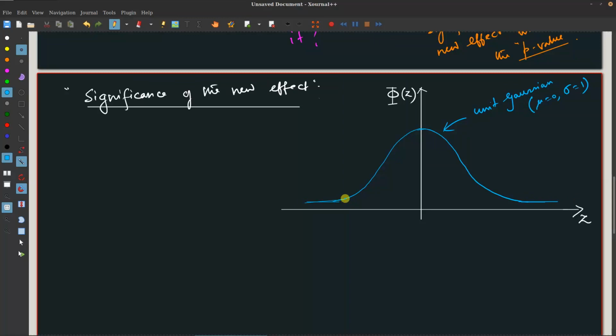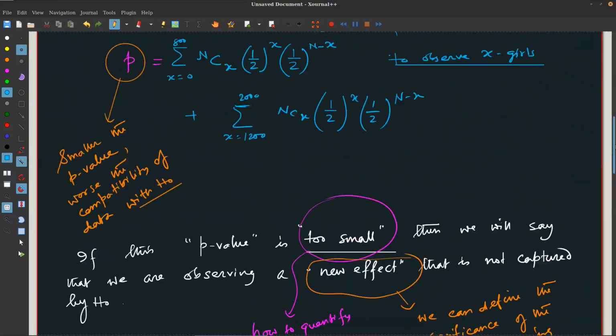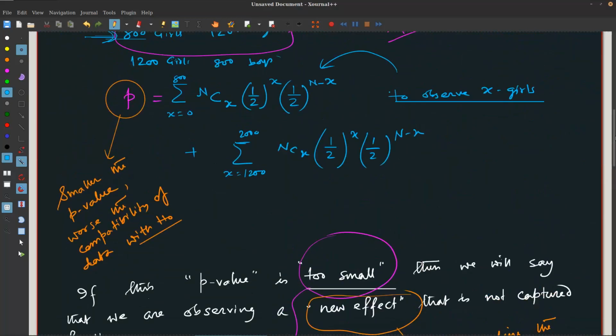Now suppose you have observed data and you have a hypothesis in mind. You can calculate the p-value and this p-value returns you a number.